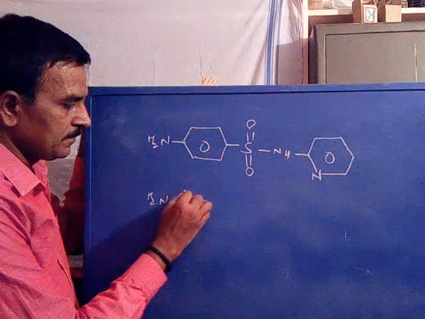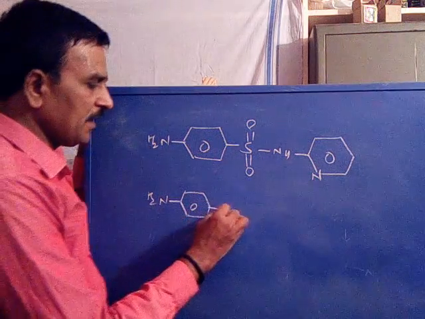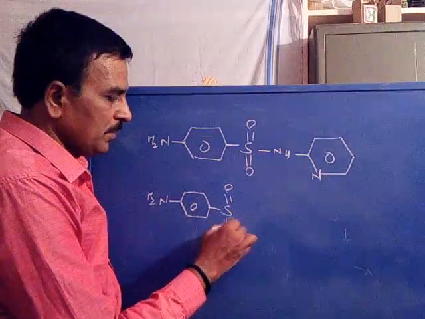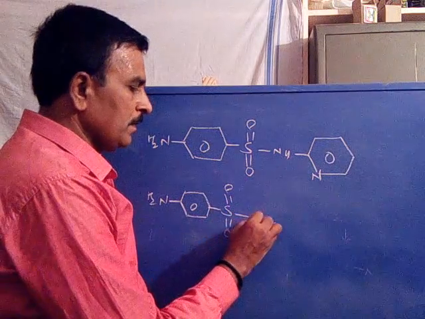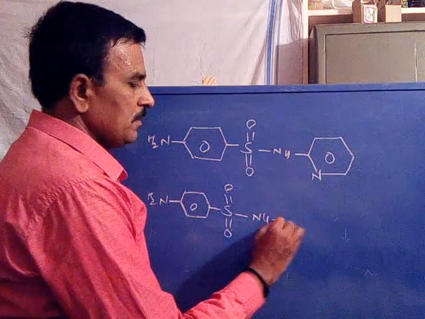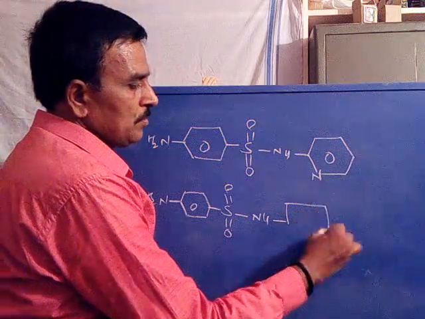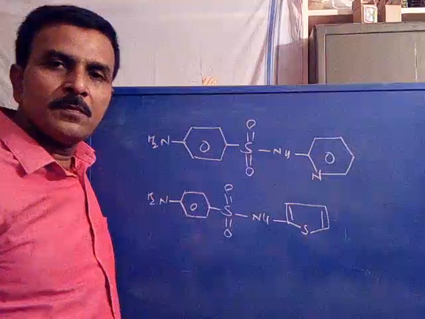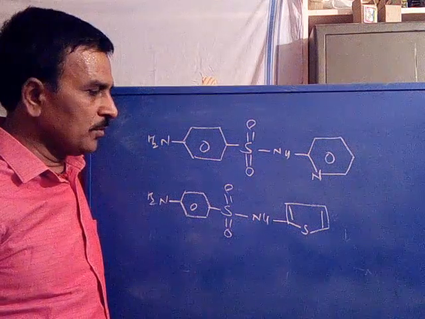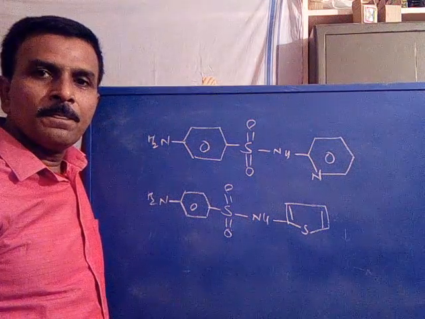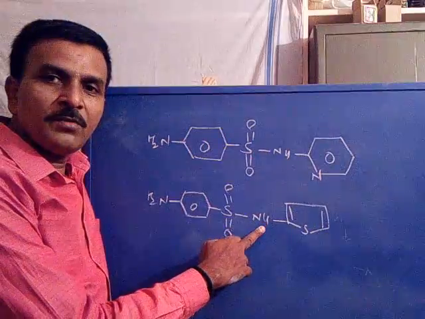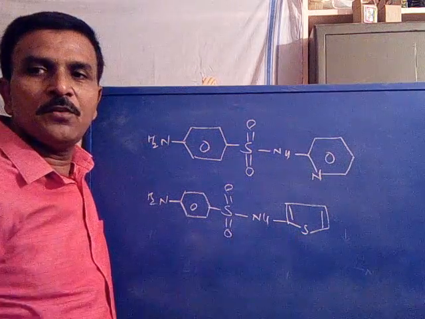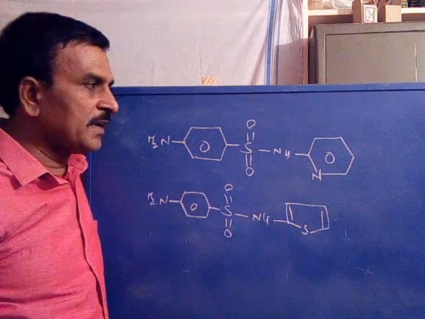Or H2N, benzene ring, S double bond O, S double bond O, NH, 2-thiophene, thiophene. Now this is the second drug. Hydrogen of sulfonamide is replaced with thiophene, or sometimes diazine.